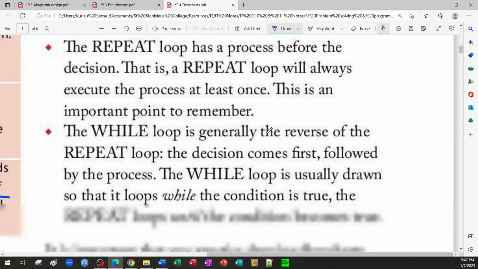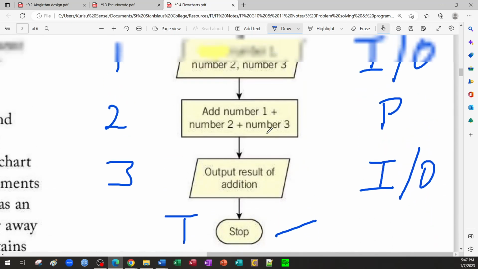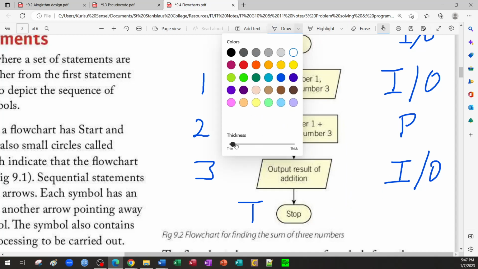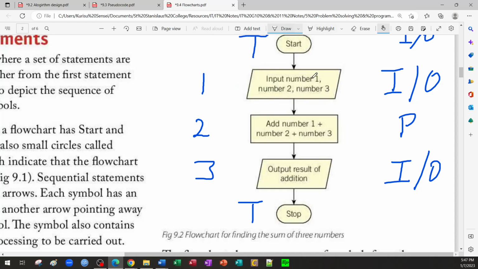Because if you think about it, let's look at this example here. Even if these symbols here did not have an arrowhead, like this here, it's actually obvious what direction it's going in, because we're seeing that keyword start, and obviously we have to start at the word start, and then we go downwards and we stop at the word stop.